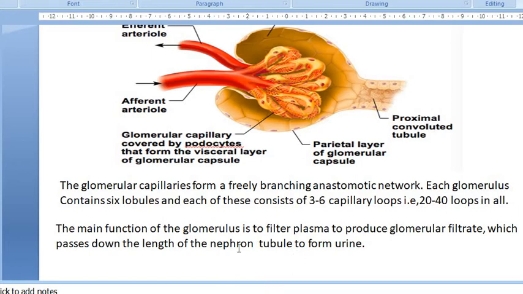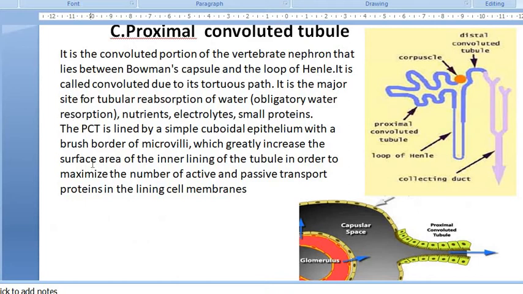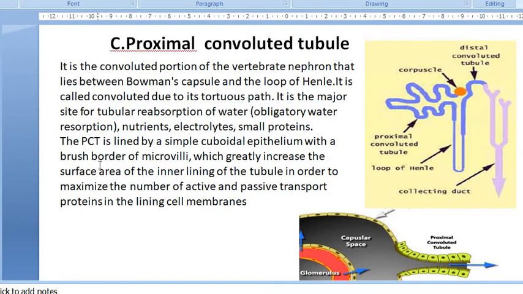The main function of this glomerulus or glomerular tuft is to filter the blood and release plasma only, here as filtrate, which passes down along the length of the renal tubules. The first part of the renal tubule is the proximal convoluted tubule.